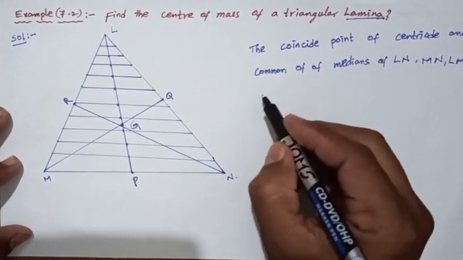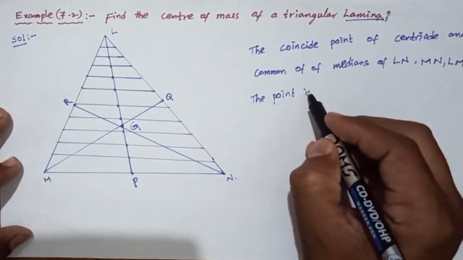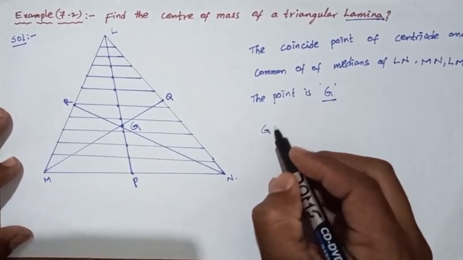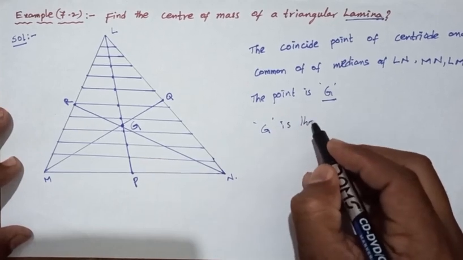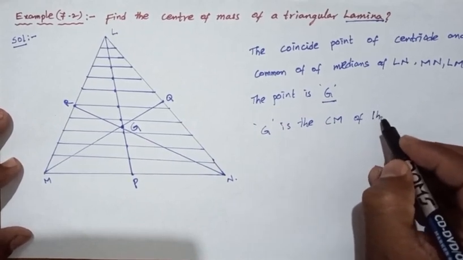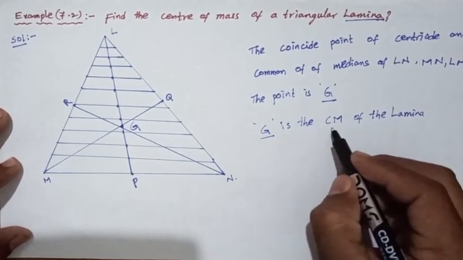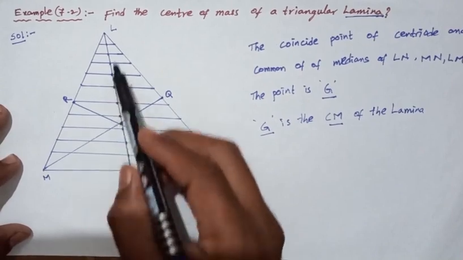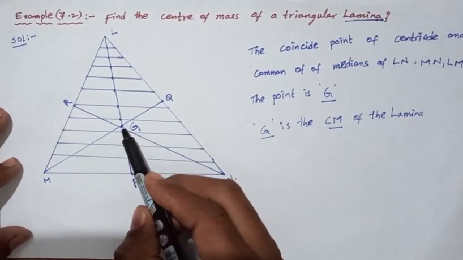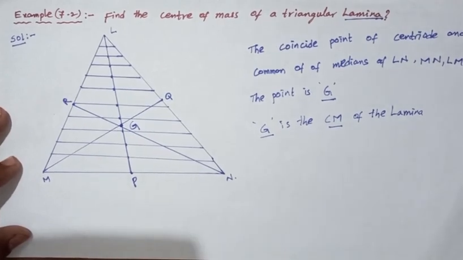So what is the point? The point is capital G. G is the center of mass of the lamina. For a symmetric triangular lamina, the centroid of the triangular lamina is the center of mass of the lamina. Okay, right.